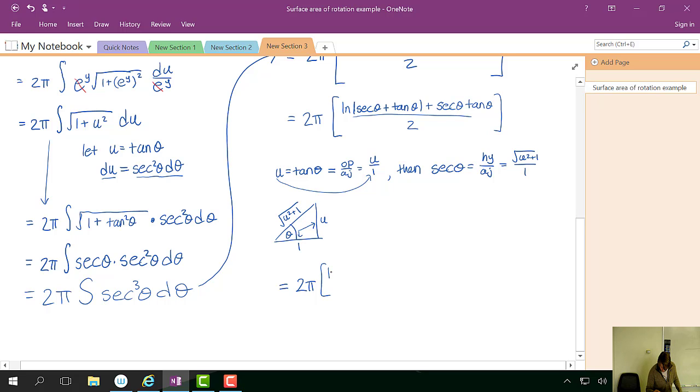So plugging in, we're going to have natural log of secant, which is this, square root u squared plus 1, plus tangent, which we know is just u. So, right, natural log of that, plus secant, which is square root u squared plus 1 times tangent u.